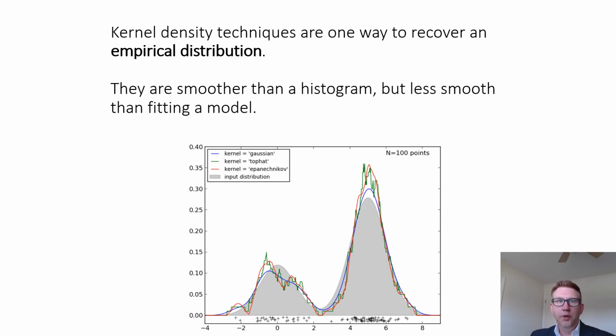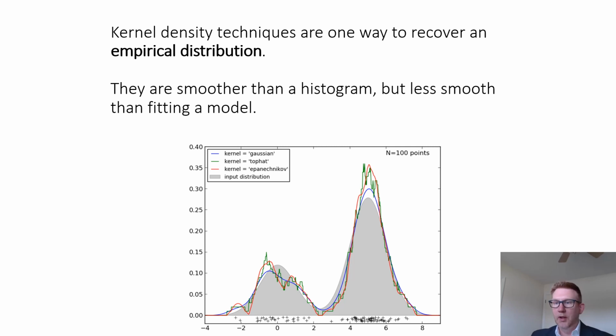So one way of doing this is to apply these kernel density techniques, and we would call this an attempt to recover an empirical distribution. It's smoother than a histogram, but it's less smooth than fitting a model. So in other words, we don't just want to count things in bins. We want to smooth that out a little bit. Neither do we just want to guess or fit a normal distribution to it.